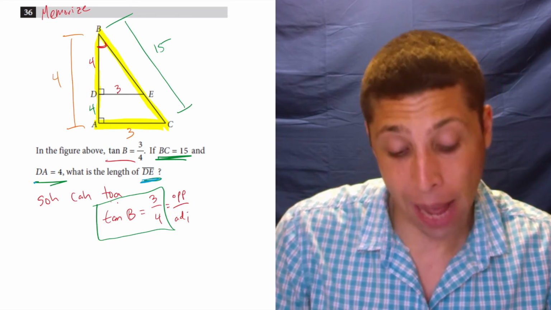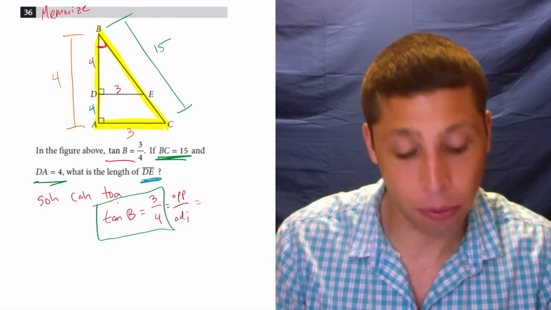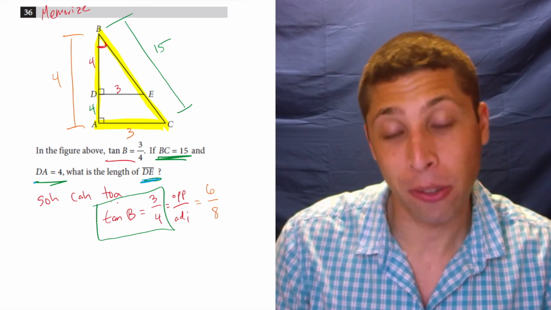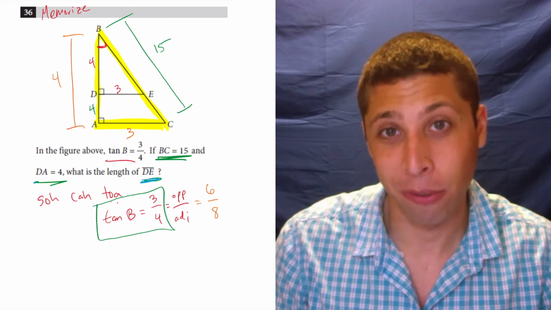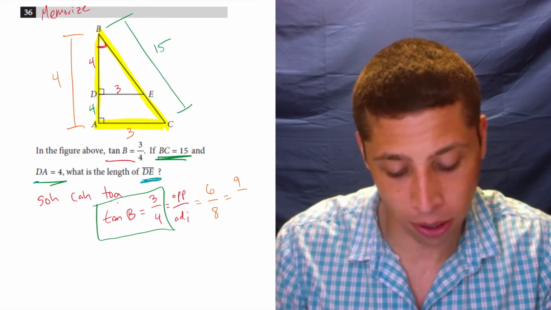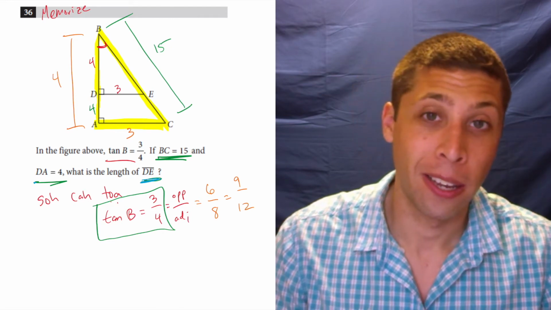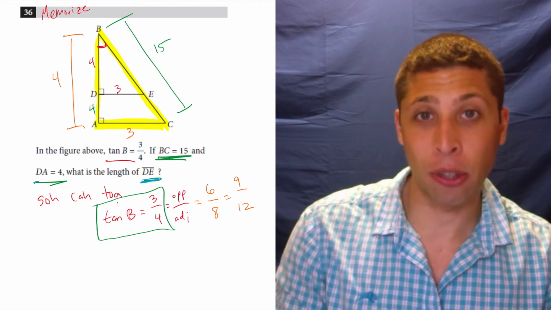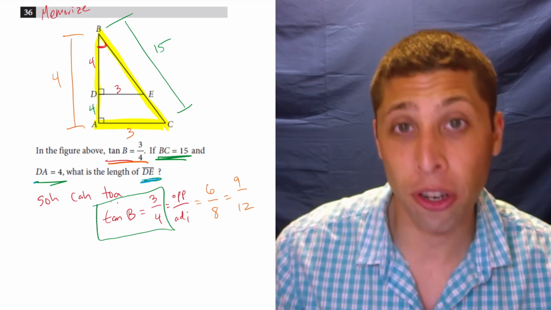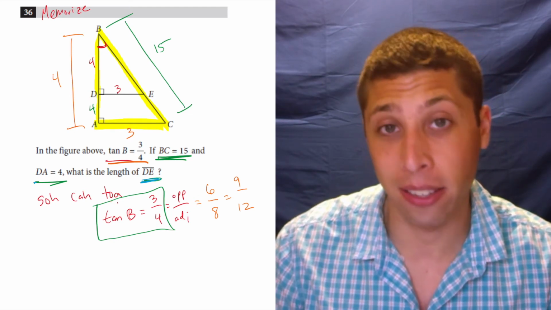So what could happen is that instead of having 3 and 4, we have something like 6 and 8. Because what is 6 divided by 8? It's 3 over 4. It's the same fraction. It could also be 9 over 12. Basically, a trigonometry statement tells us the relationship, but it does not necessarily tell us the exact values.